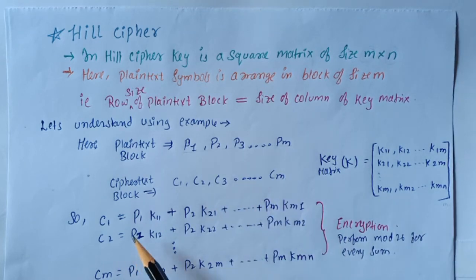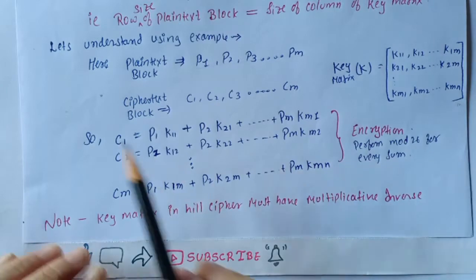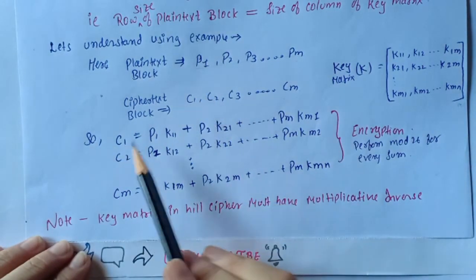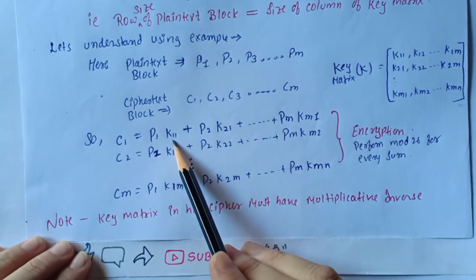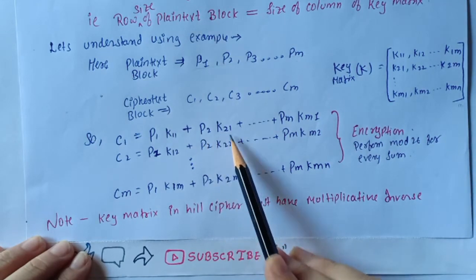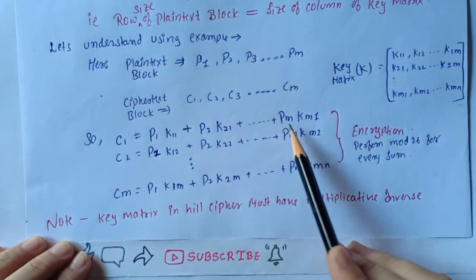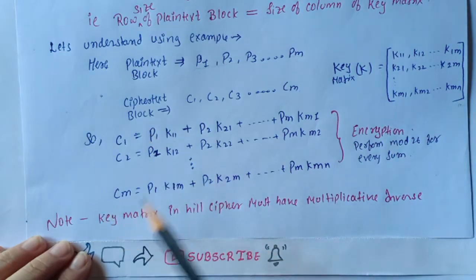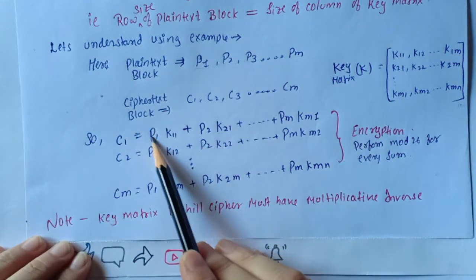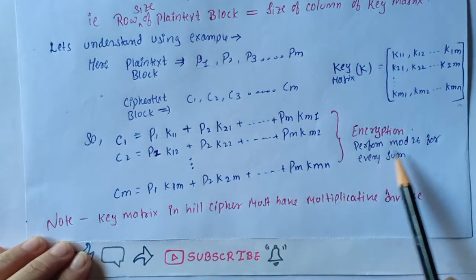So how do we do the encryption? Here C1 will be P1 into K11 plus P2 into K21 plus up to Pm into Km1, and so on. After this addition, we will take mod 26.